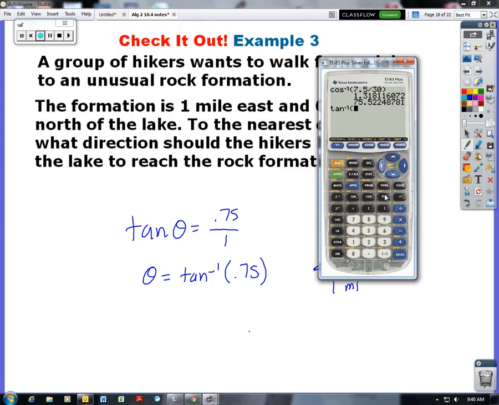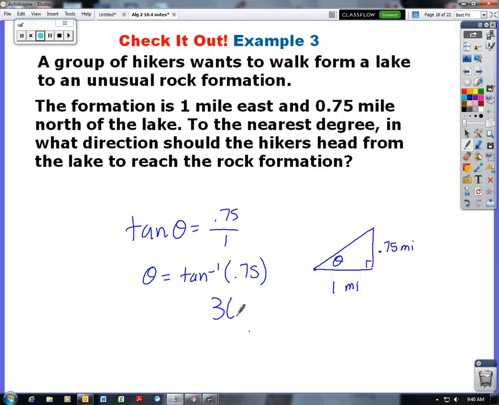Inverse tan, which is second tan. I think I forgot to mention the inverses were second. Second tan, so that's inverse tan of 0.75. And this time we are in degrees, 36.9 degrees. And the way to answer this is that that's going to be 36.9 degrees north of east.